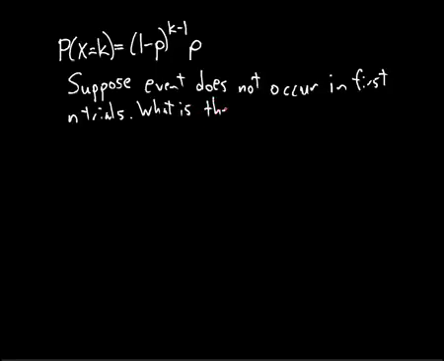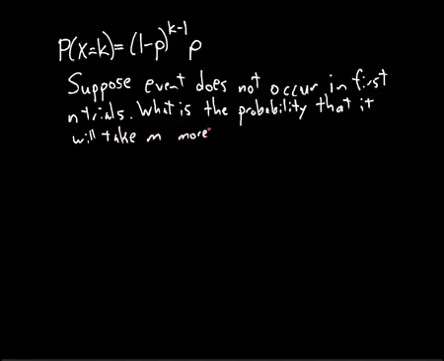What is the probability that it will take m more trials, m some other positive integer, for the event to occur? And as I mentioned earlier, we're dealing with a conditional probability here. So this is a question, so it needs to end in a question mark.